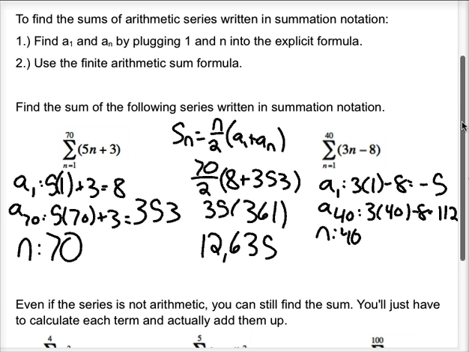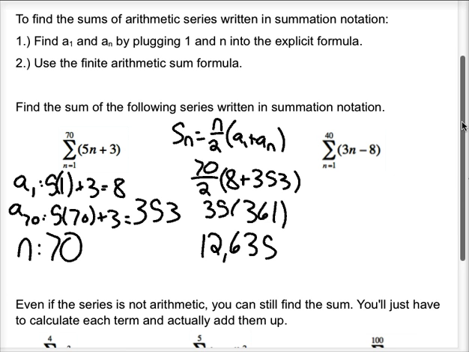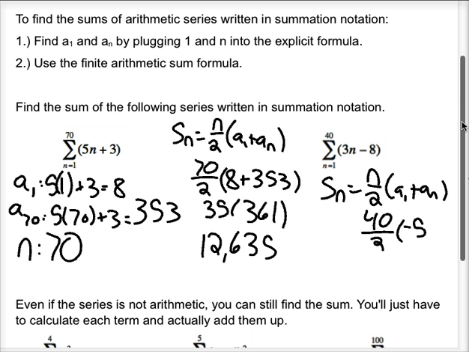So, now I need some more space, so I'm going to erase this. Hopefully you have enough space on your paper. So we use our formula. There's 40 terms, divided by 2, a1 was -5, an was 112.